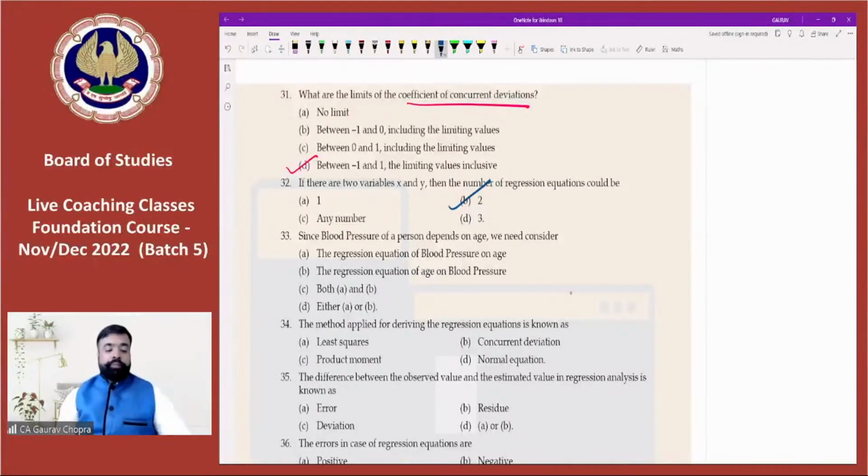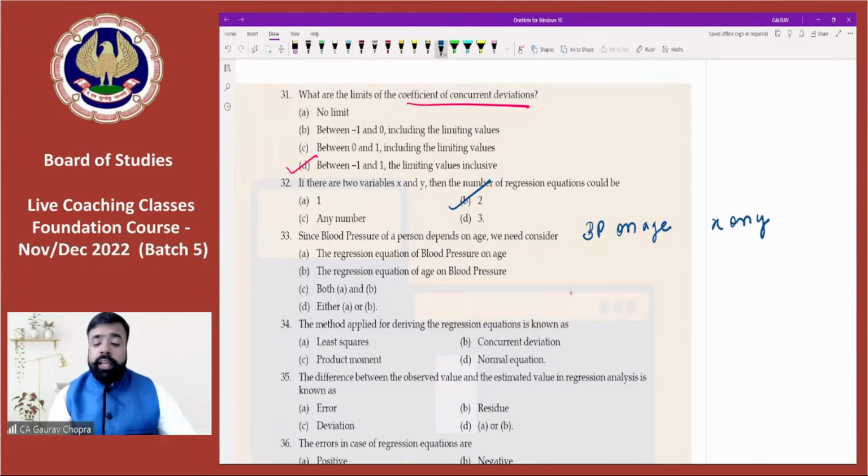Then 33. Blood pressure of a person depends on age. Blood pressure depends on age. So we need to consider which equation? Of course, blood pressure on age, because whenever we write x on y, it means x is the dependent variable and y is the independent variable.